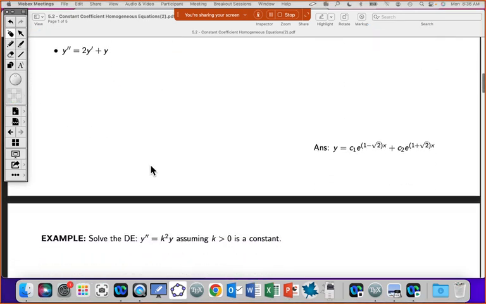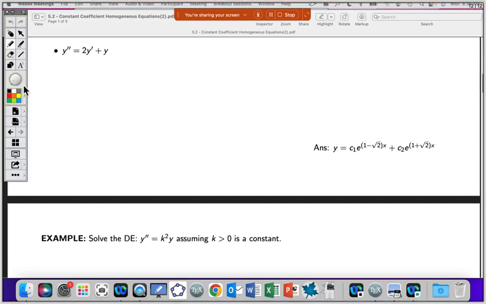Let's move on here. The next example. Once again, we have a constant coefficient differential equation. We're going to make the assumption, the ansatz, y equal e to the mx. Y double prime would be m squared. 2y prime would be 2m. 1y would be 1.